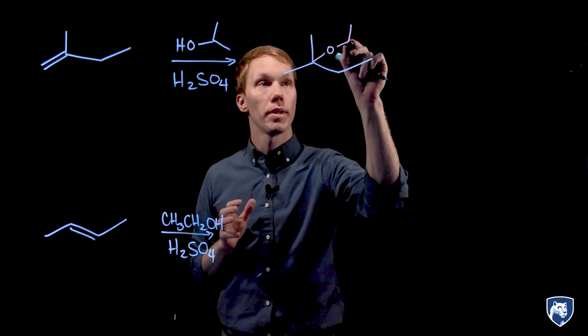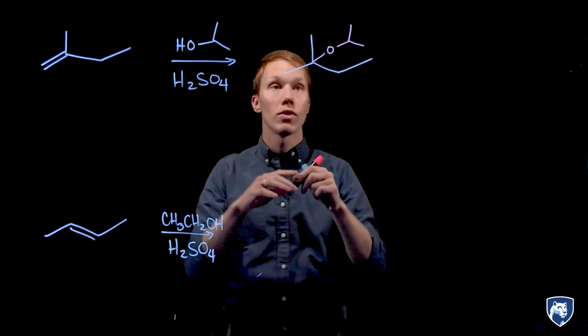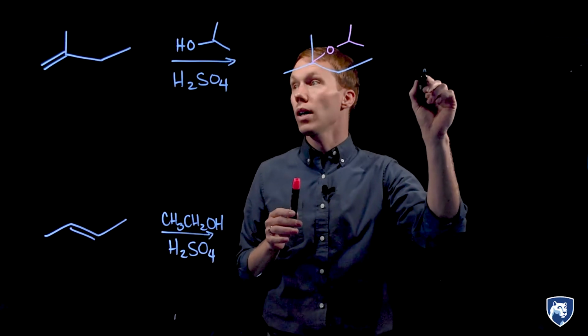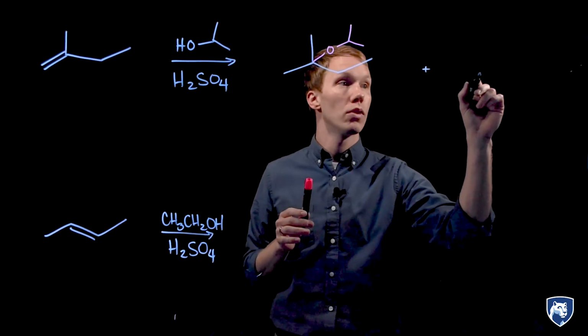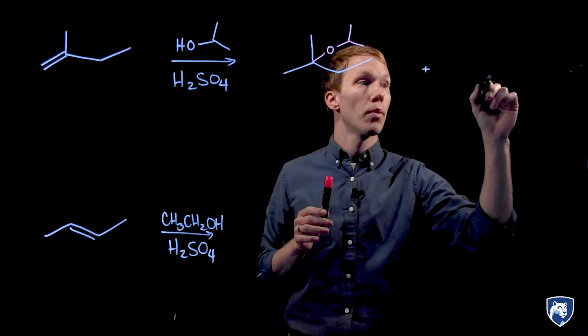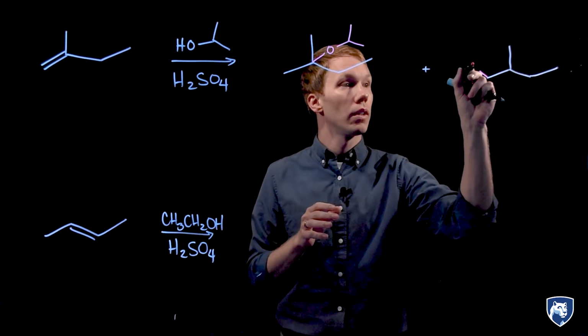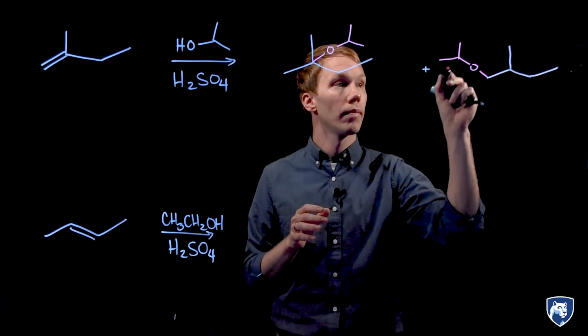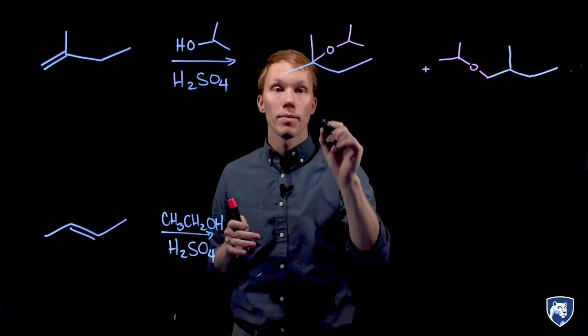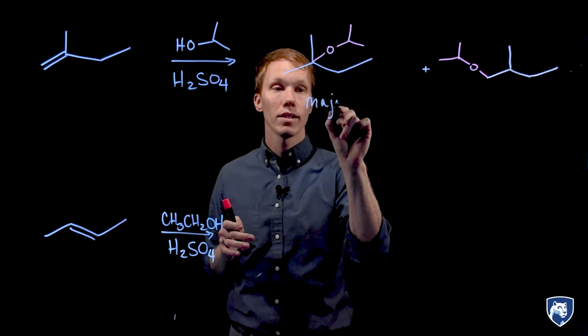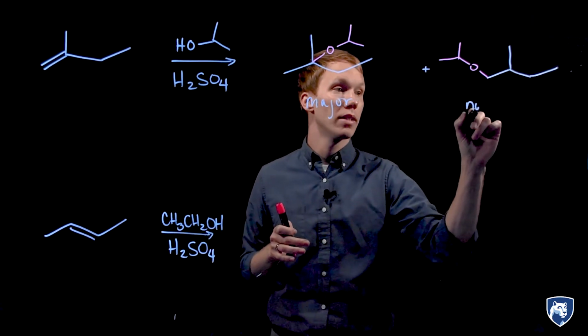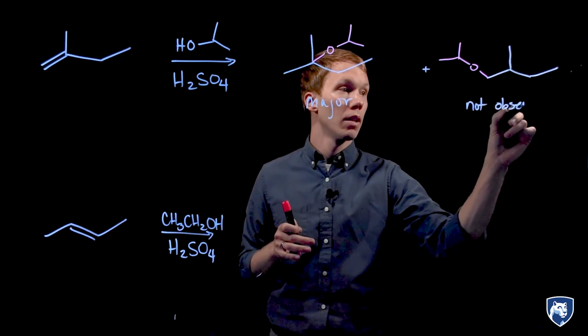Note the R group here is my isopropyl group, or I have the choice to produce a primary ether linkage here. Experimentally, we observe that this is our major product, and this is not observed at all.